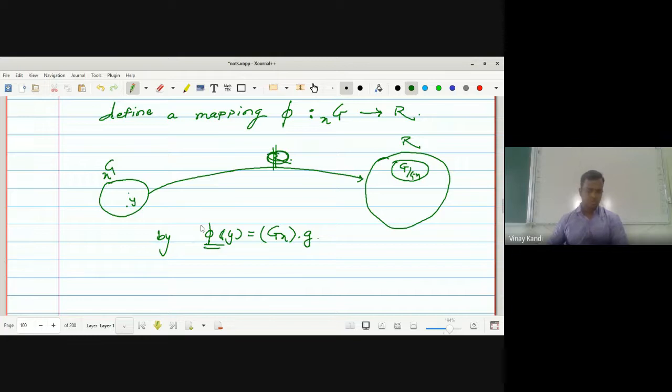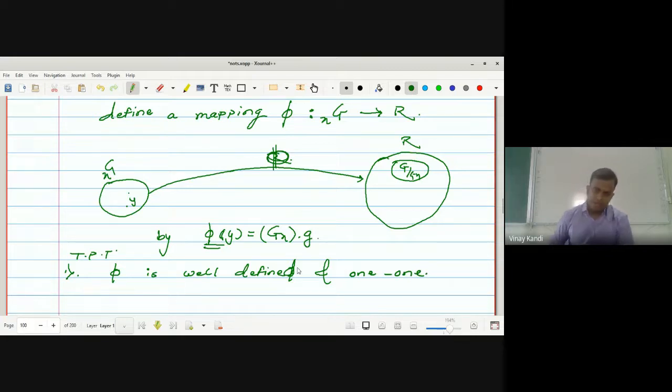Okay, first prove that this phi is well defined, and 1-1. What is the procedure to show the function is well defined?